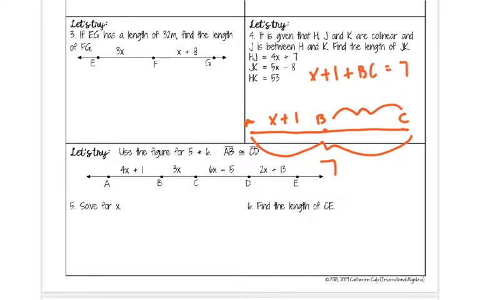Let me give you a value for BC. I'm going to tell you that BC is 4, but we want to find out what x is. You're just going to solve this like a normal algebraic problem. So x is equal to 2.